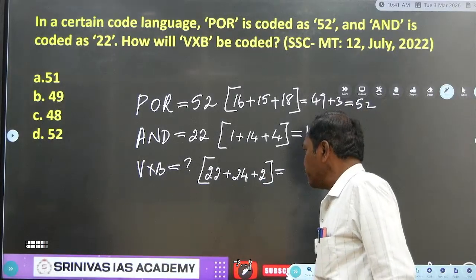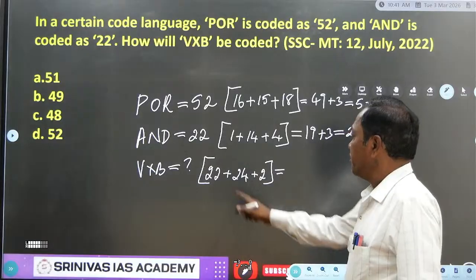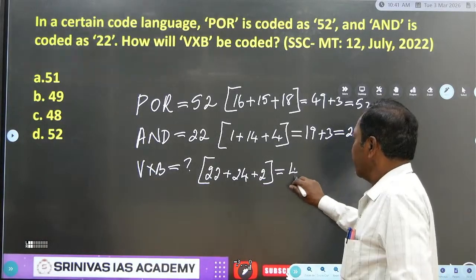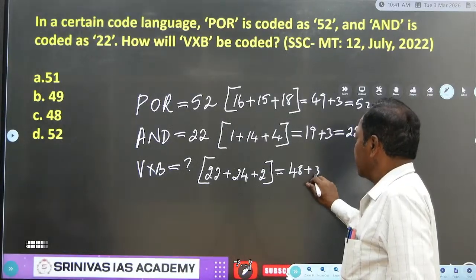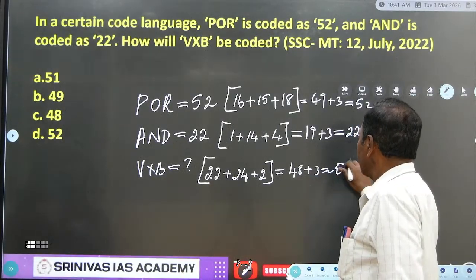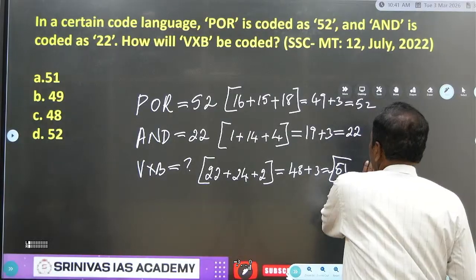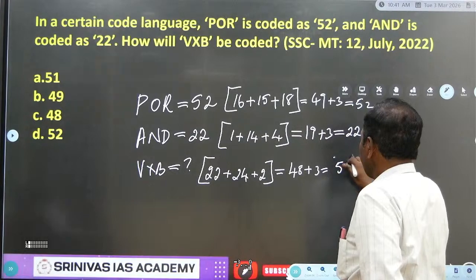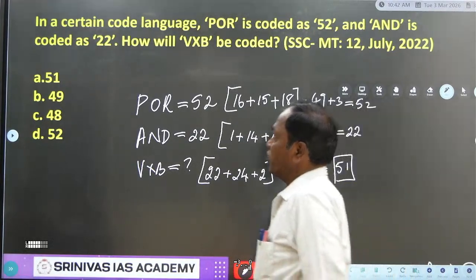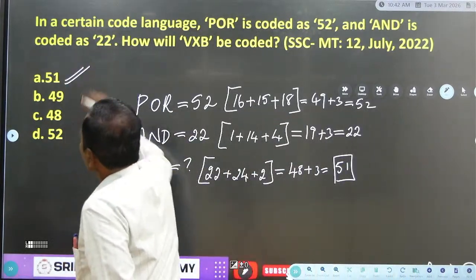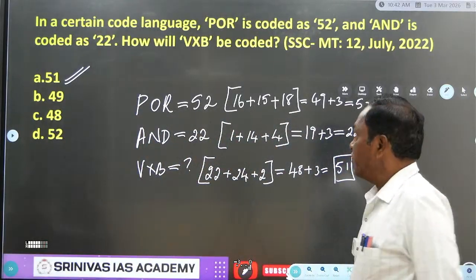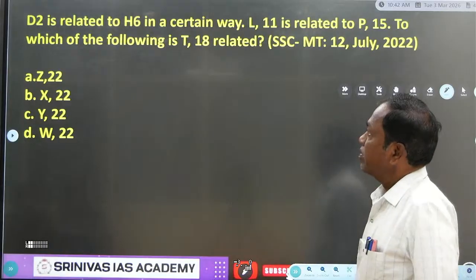It means 22 plus 24, 20 plus 20, 42, 44, 48. 48 plus 3, so 51 is the appropriate option. Option is 51. Okay. Yes, next one.